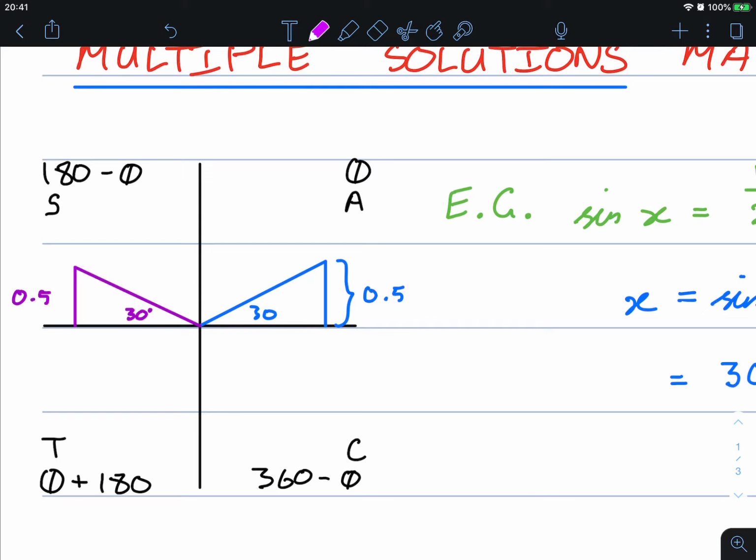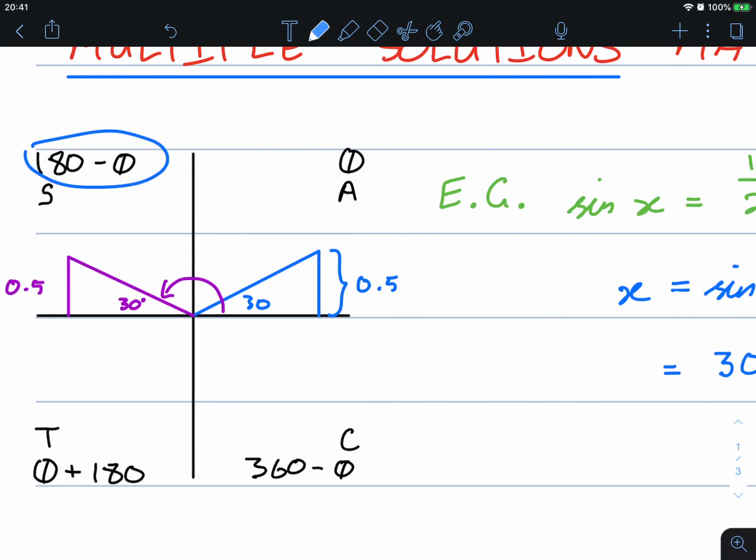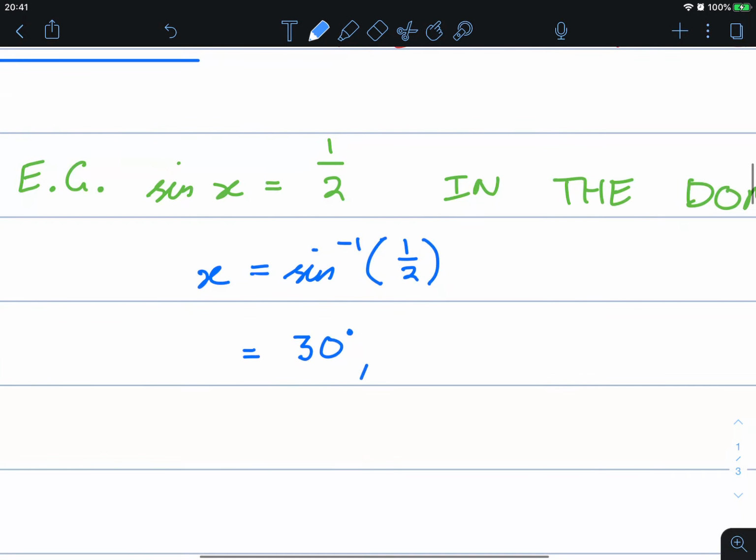However, because we are measuring from the initial side here, we need to figure out what this angle is in purple, this one here. Well, to figure out what that is, we just find the first angle in the first quadrant, and we apply whatever operation that we see here. So in this case, we would do 180 take away 30 degrees, meaning 150 degrees is also a solution for x when we substitute here.